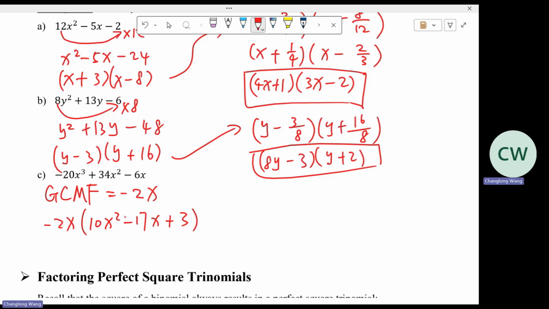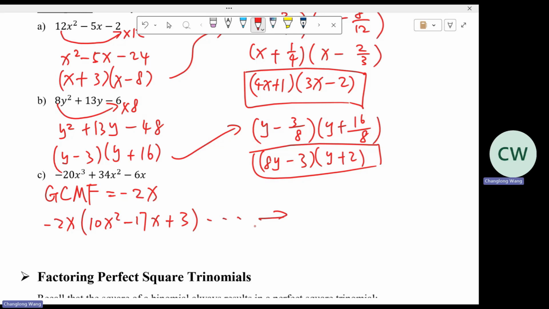Okay. You can always do a sanity check by redistributing the negative 2x into the trinomial. Now I'll put dot, dot, dot. You know that after the slide divide, right? We're going to focus on the quadratic part.